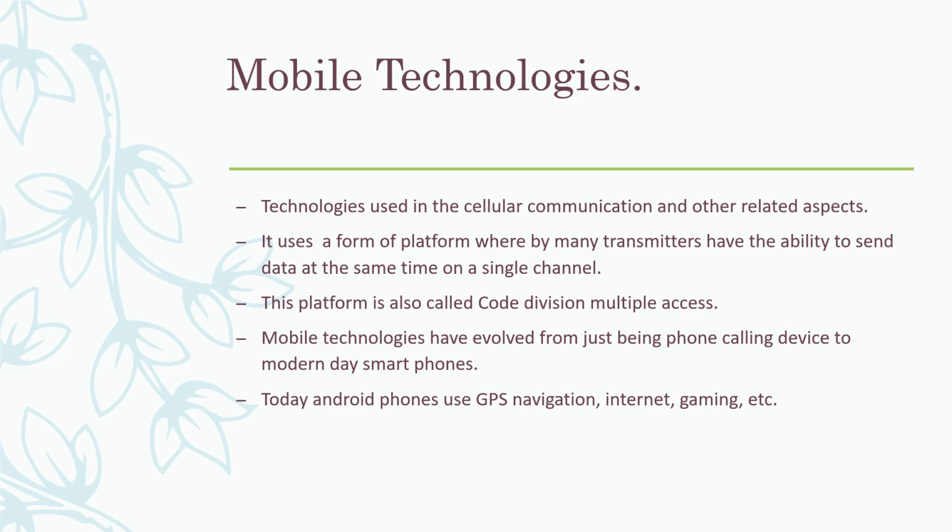Even though it was invented for calling someone else, today they are selling it by saying it has 4G capacity, it has so many GBs of RAM, and you can use this for gaming experience and whatnot. So this is the kind of evolution that has been taking place in mobile technologies.